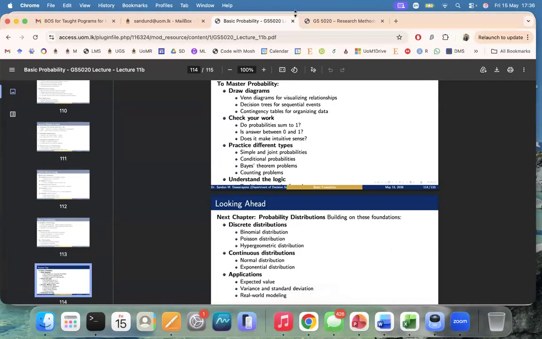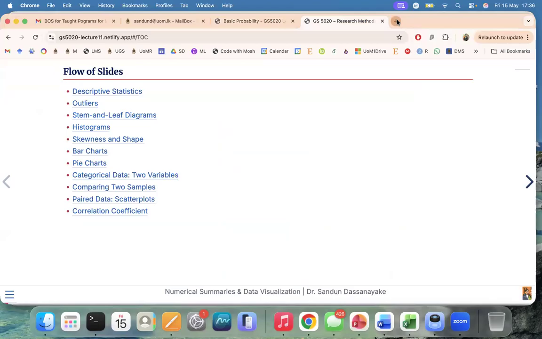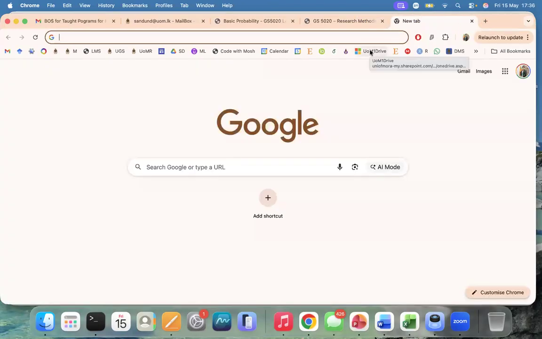I'll put this in the Moodle. I'll put some publicly available data sets in the Moodle, and what you need to do is develop numerical summaries of it, like standard deviation, mean, median, and the box plot.